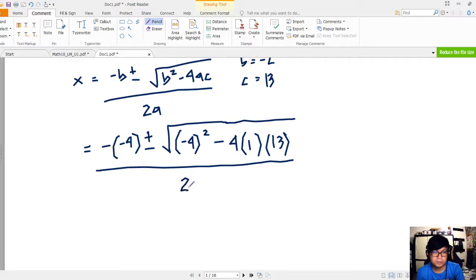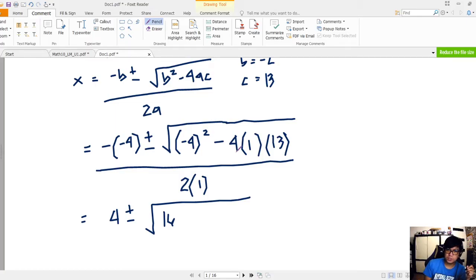Equals 2 times 1. So this one, negative times -4 is positive 4 plus minus -4 squared is 16. Tapos this one, 4 times 13. Okay, calculator. 4 times 13 is 52.